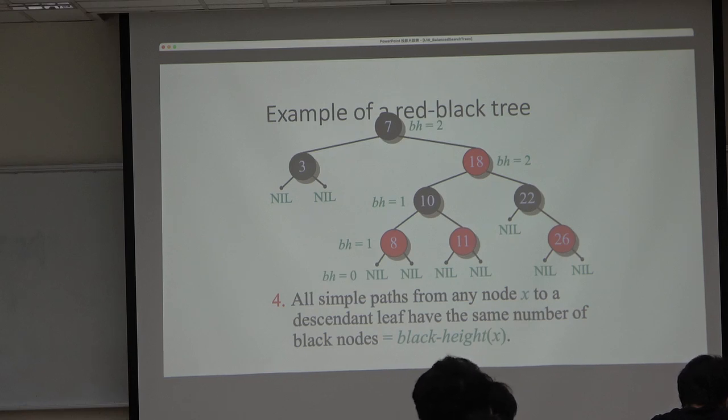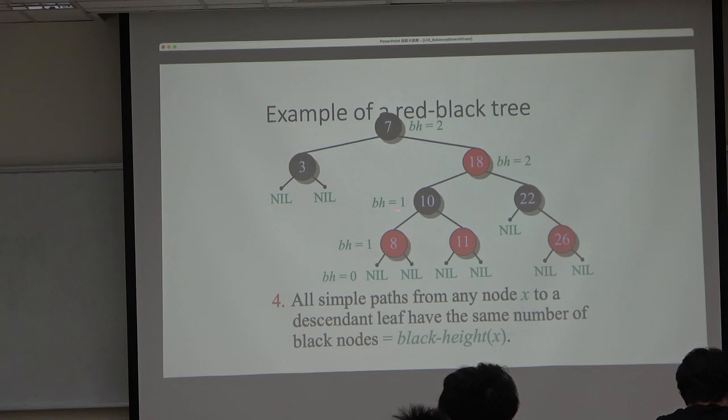Let me make it clear. When we say the black height, it does not include its own color. For example, from here to the leaf node, we only count this black node, so the black height is 1.